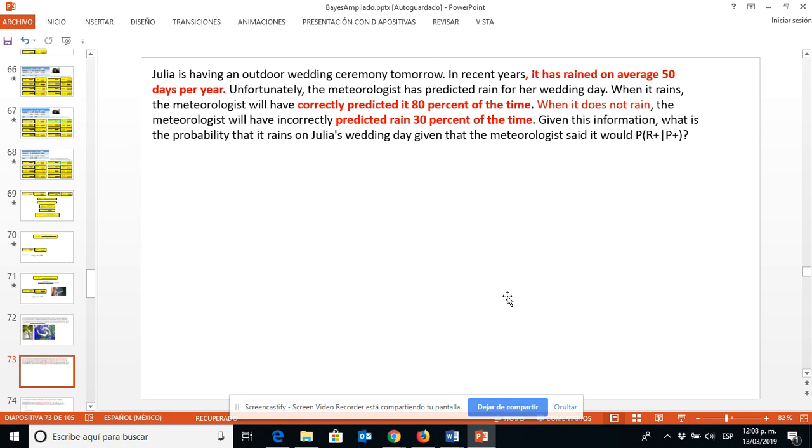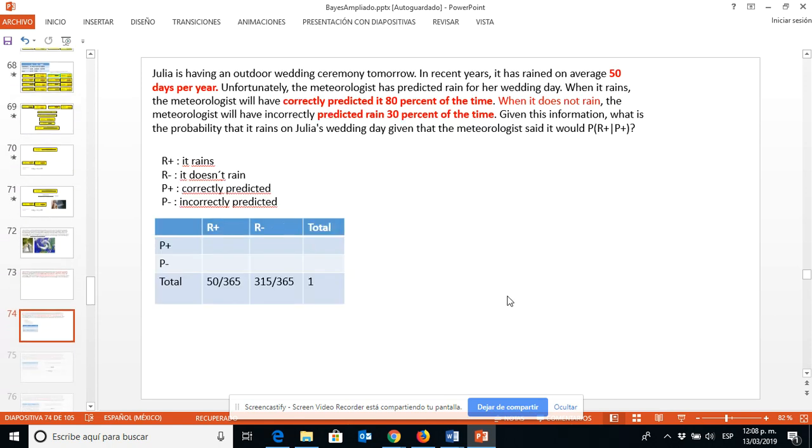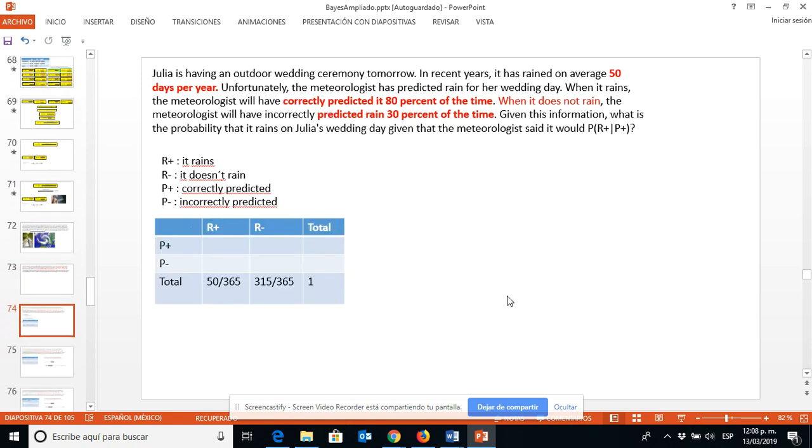That means we have three important statements. To work with the problem, we can suppose that R plus will mean it rains, R minus, it does not rain, P plus, correctly predicted, P minus, incorrectly predicted.